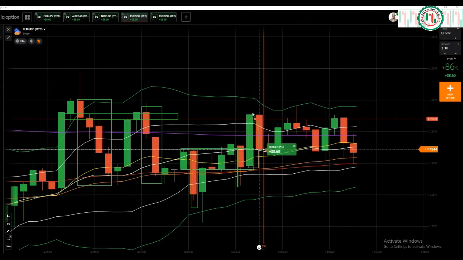So after breakout of the engulfing zone, you should expect the market to reverse.